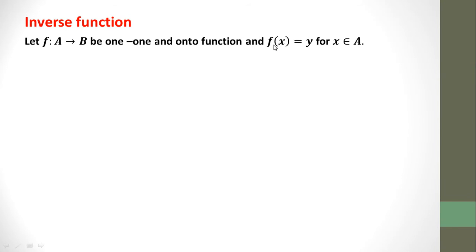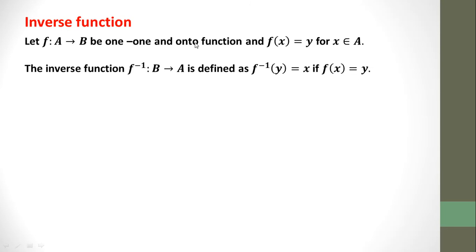The function is written as y is equal to f of x, or f of x is equal to y, for x belongs to A. f of x is the image of x and it is denoted by y. If the function is one-one as well as onto, then the inverse exists.